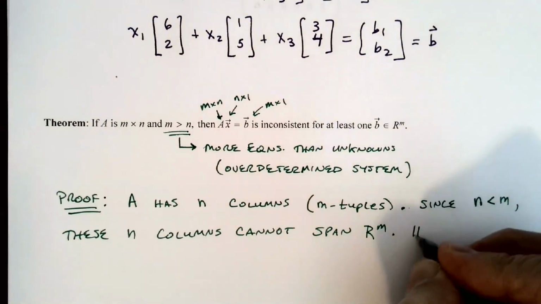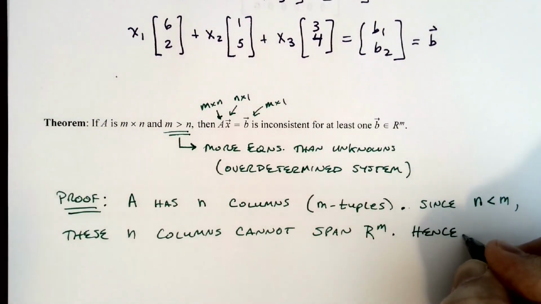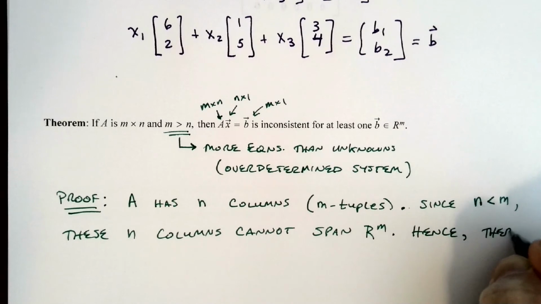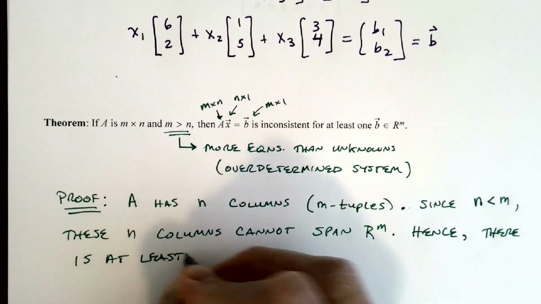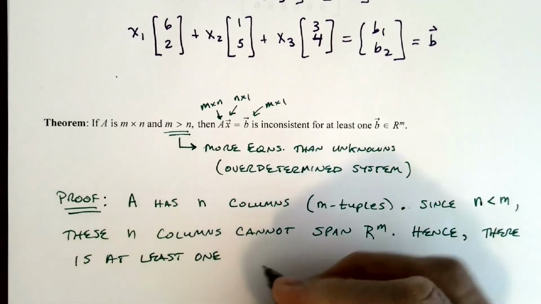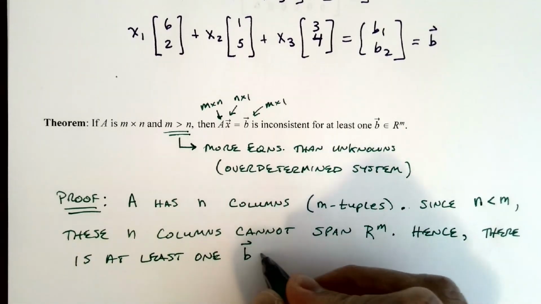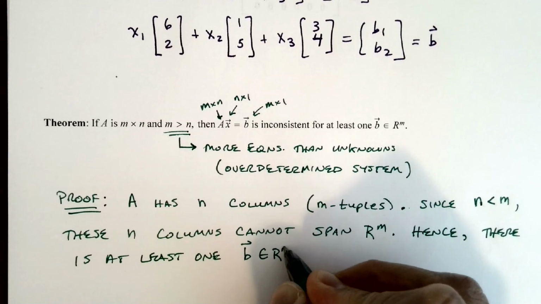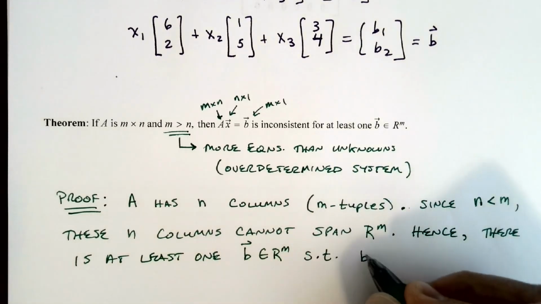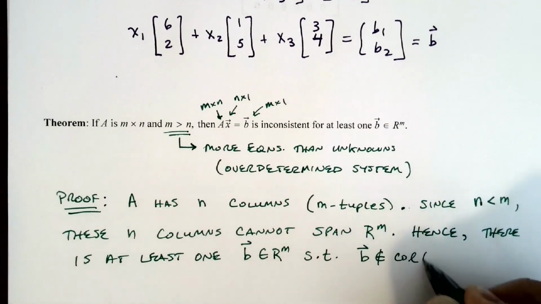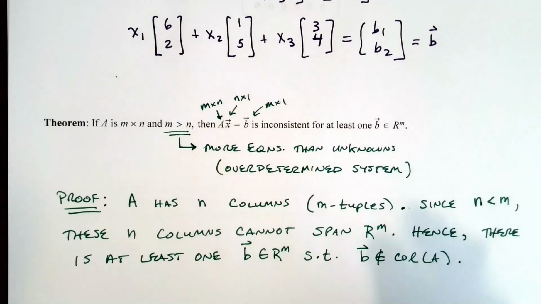And what's that mean? Hence, there is at least one vector B in M space such that B is not in the column space of A. All right? Well, how can I say that?